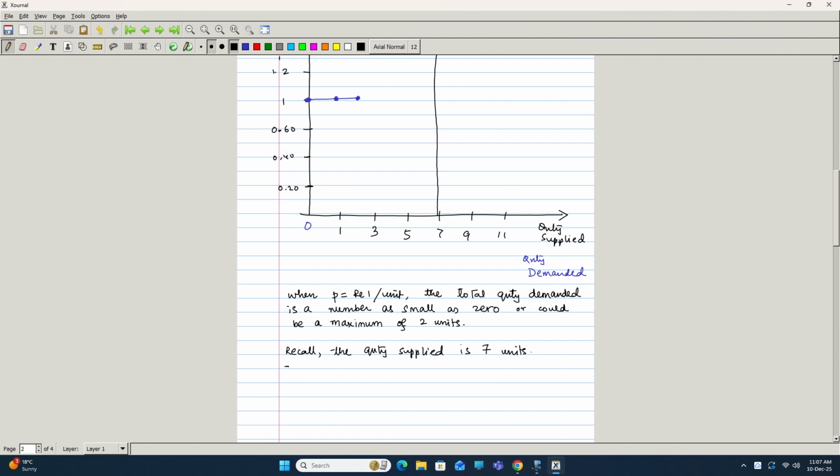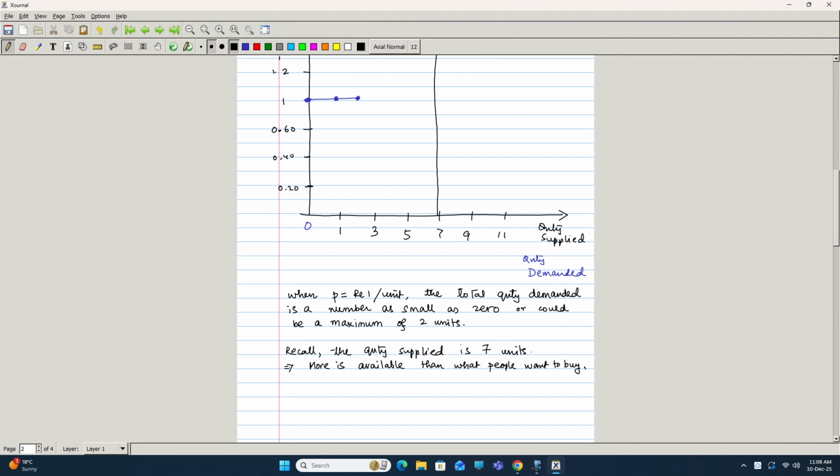So, essentially more is available than what people want to buy. Right. So, more is available than what people want to buy, because the quantity available is 7 units. The quantity that buyers want to buy combined is 2 units at most, it could be as low as 0.